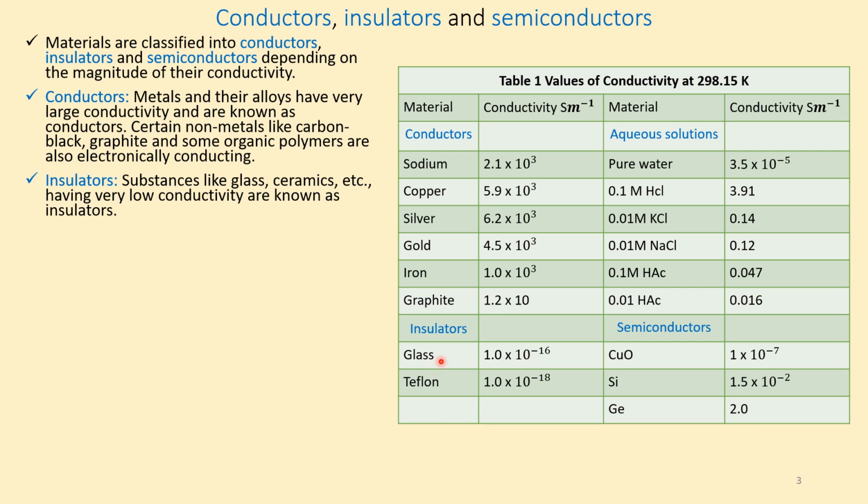Glass has a conductivity of 1.0 into 10 to the power of minus 16 Siemens per meter, and similarly Teflon, which is another insulator, has a conductivity of 1.0 into 10 to the power of minus 18 Siemens per meter.